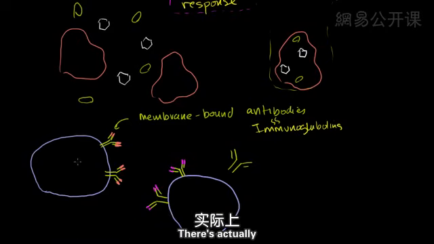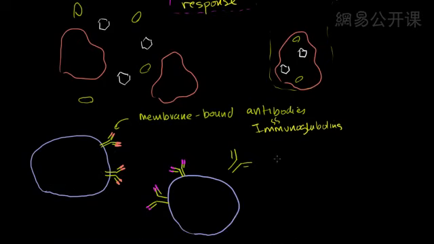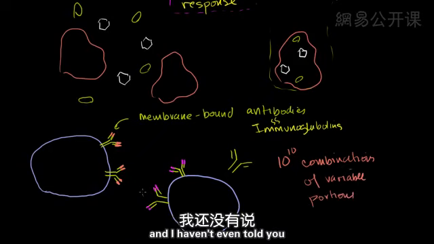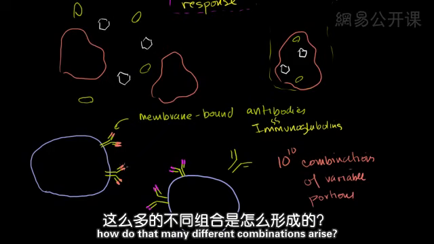And there are actually 10 to the 10th, or 10 billion, combinations of variable portions. So the first question, and I haven't even told you what the variable portions are good for, is how do that many different combinations arise?